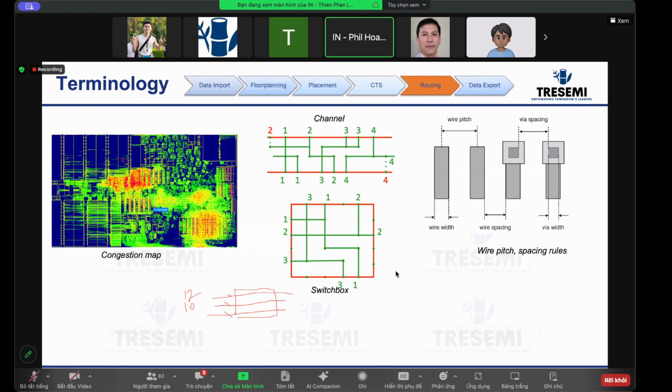But it can't, so the tool has to go into the blue and zigzag around and go to the target. It will do that, but the problem is that it will make timing worse, meaning it cannot meet timing if it cannot have a short wire between the two cells. So congestion shows the ability of the router to route the design cleanly.